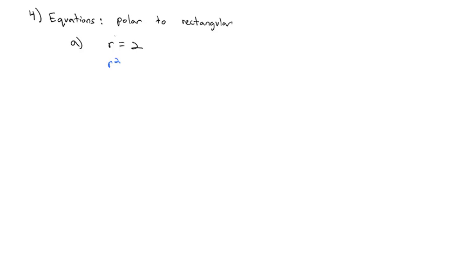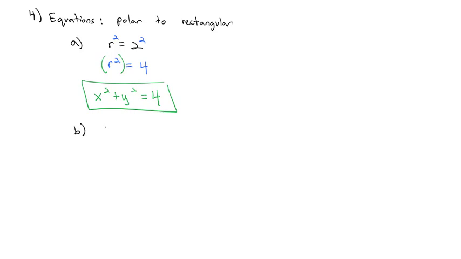So to make r into r squared, I can square both sides of this equation. And that's going to give me that r squared equals 4. And what's nice is we have a conversion for r squared. r squared is equal to x squared plus y squared, which is still equal to 4. And now I've changed it to a rectangular equation.